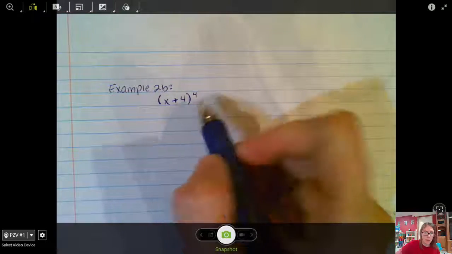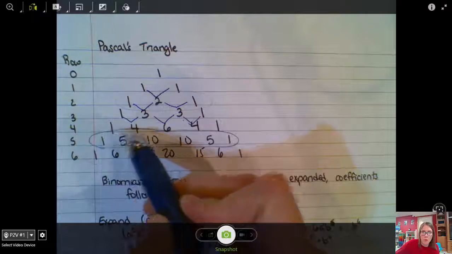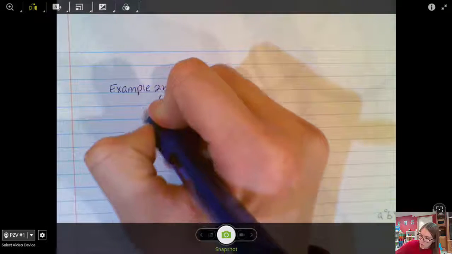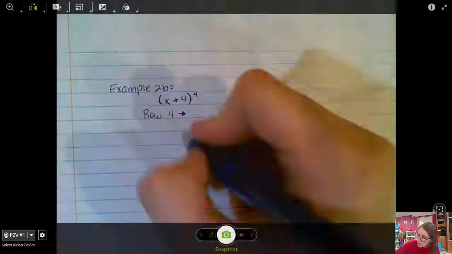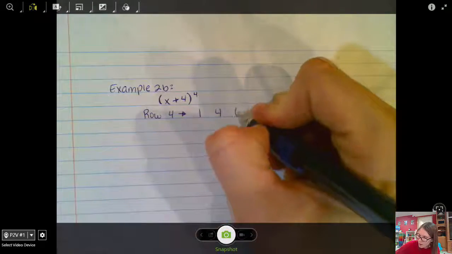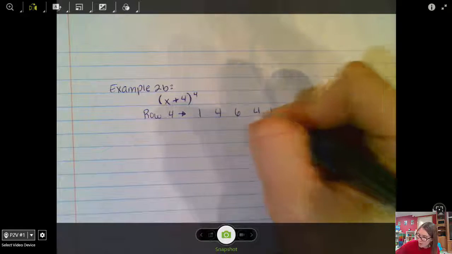Since my exponent is 4 here, I need to look at the 4th row of Pascal's triangle, which right here is going to go 1, 4, 6, 4, 1. That tells me my coefficients. Again, it was 1, 4, 6, 4, 1.